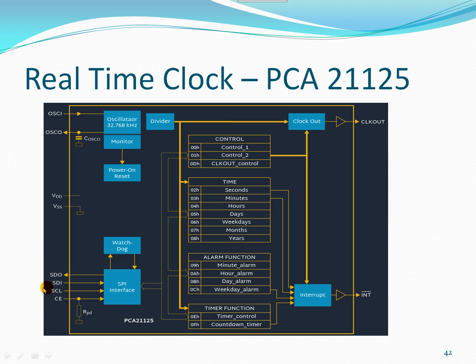The timer update will be given for every second, because the seconds are updated every second, so the seconds and the other stored information will be updated to the SDO pin of the SPI interface in this chip.